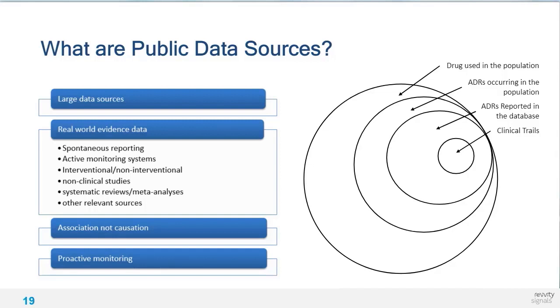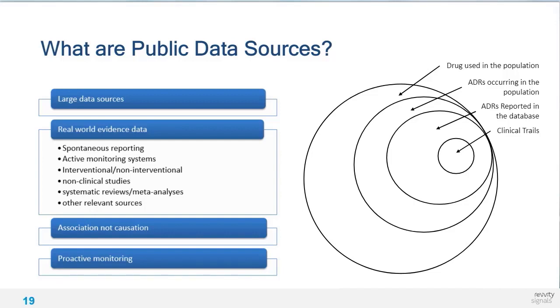So the idea is to capture adverse events from the entire population and include all the indications in the database, so that the database reflects the true situation in the real world. But we have to remember that the existence of a report indicates an association, but it does not necessarily mean that there is a causation.